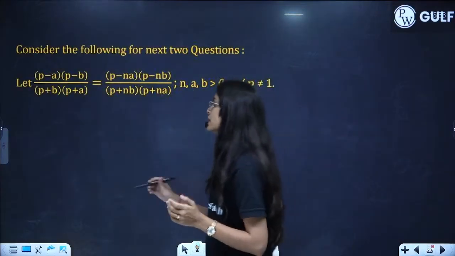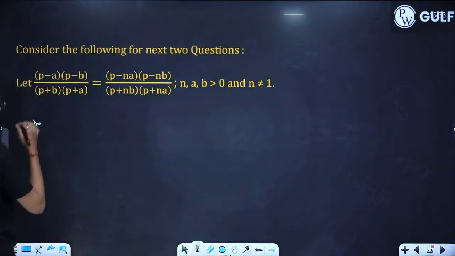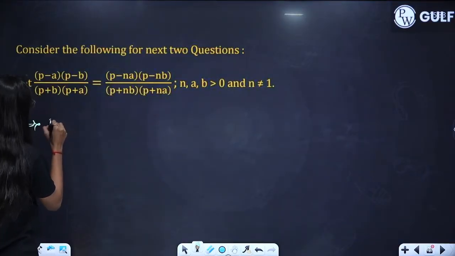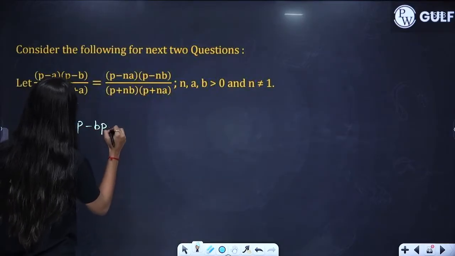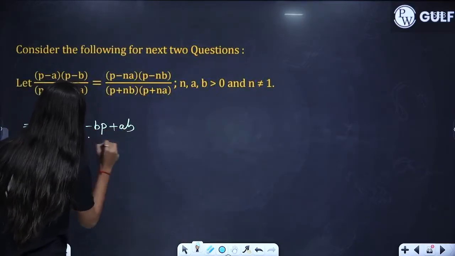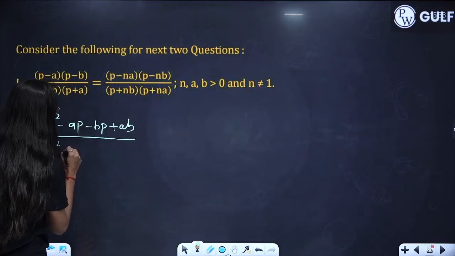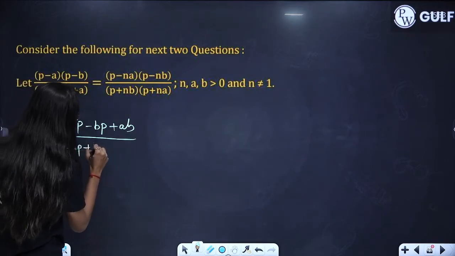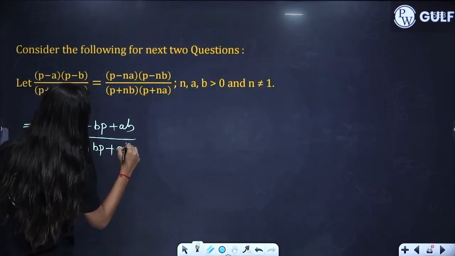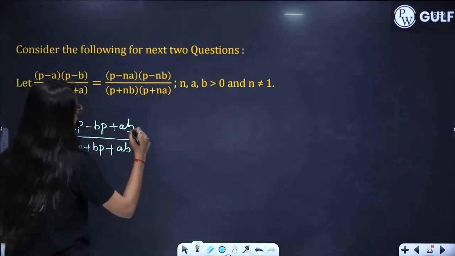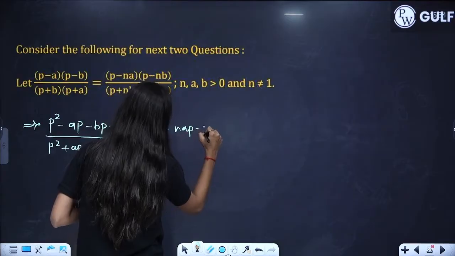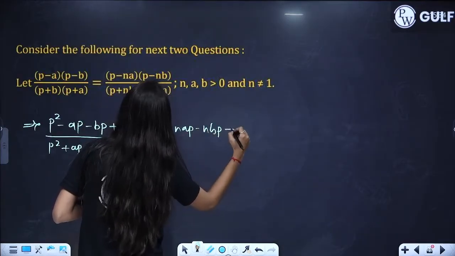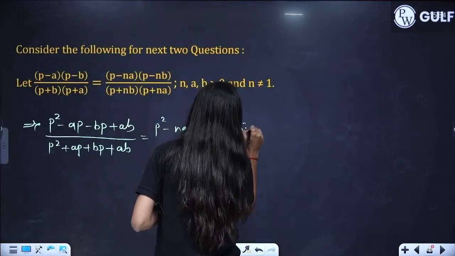So first of all, let us obtain its multiplication, which will give you p square minus ap minus bp plus ab upon p square plus ap plus bp plus ab. On the other hand, you will be having p square minus nap minus nbp plus n square ab.